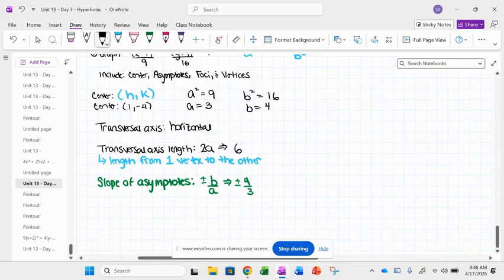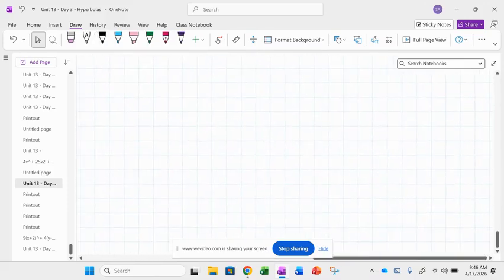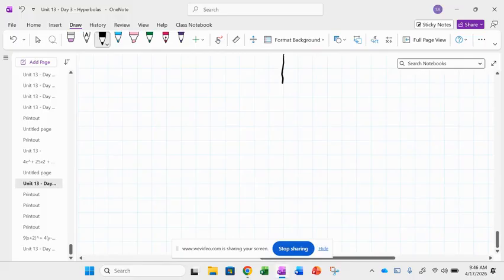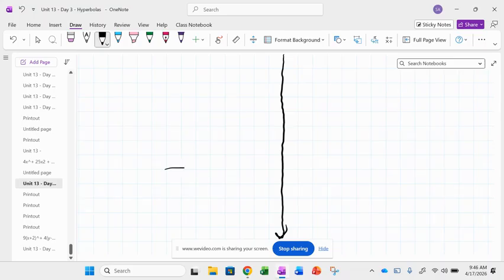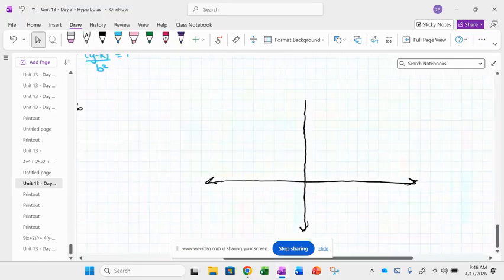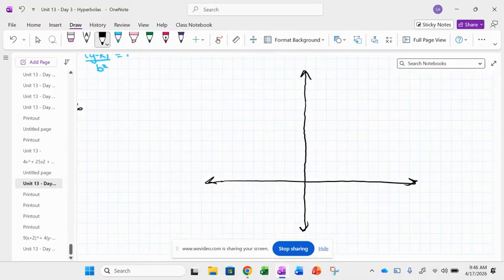Right, I'm going to start my graph. I'm not done doing some algebraic work, but I do have enough to at least start the graph. Now, if you guys remember, we said the center point is actually where the two asymptotes intersect each other.